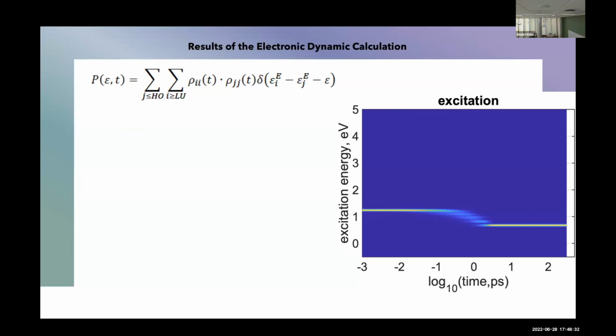Again, it is not an experimental observable. It is not anything we compare. It's only a way to interpret how things are arranged.